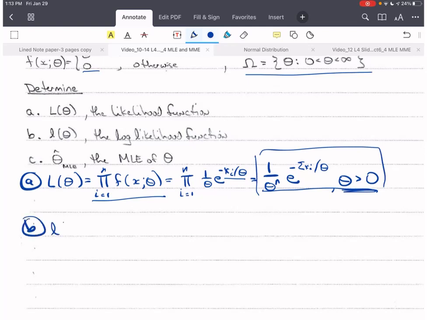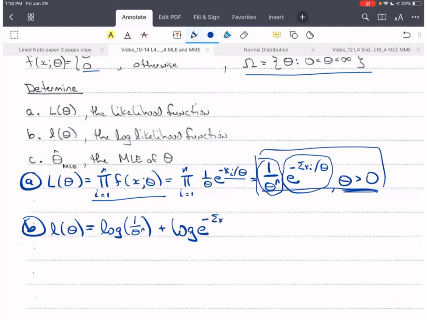B, I want l of theta, which is simply the log of this. I'm not going to write the log, I'm just going to do it. I've got two terms here, this one and this one. And I'm going to have a sum of logs because this is multiplied. So this is equal to log of 1 over theta to the n plus log of e to the negative sum of xi over theta. Okay, I've got log 1 minus n log theta.